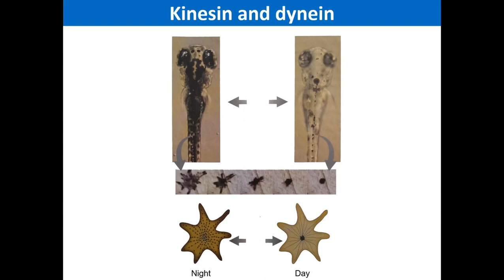So the pigment will make the tadpole look black and so better camouflaged at night, while during the day the pigment will be transported from the periphery of cells to the nuclei of cells, and so the tadpole will be more translucent and more camouflaged during the day. And this is due to the movements of kinesin and dynein, respectively.